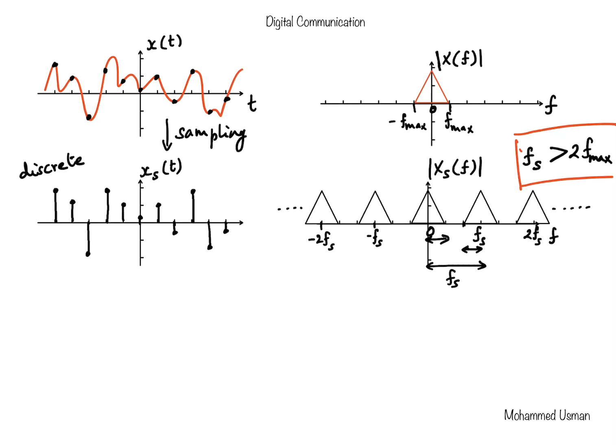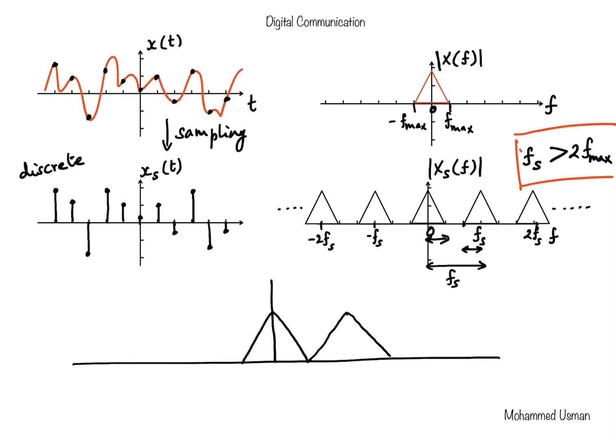So if you have a signal which has been sampled at exactly the Nyquist rate, then the spectrum of the sample signal is going to have replicas that are touching each other without any gaps between them. It would be the same on the negative side, and these go on till infinity.